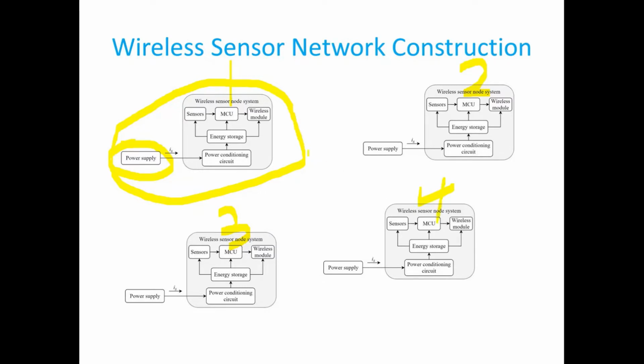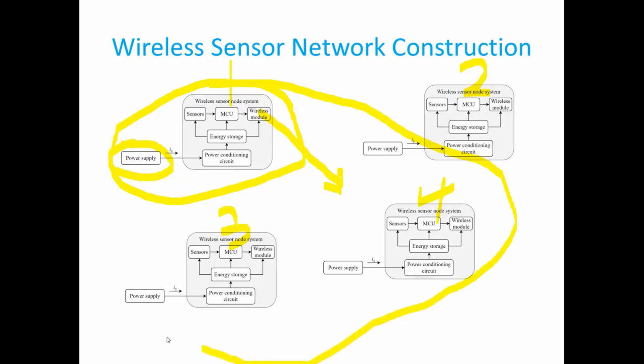Now if wireless sensor node 1 needs to send data to node number 4, for sure the coverage area of this RF might cover 4, 3.